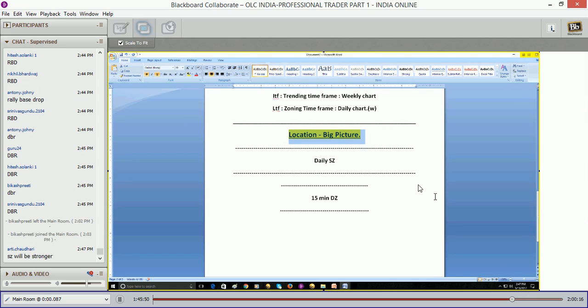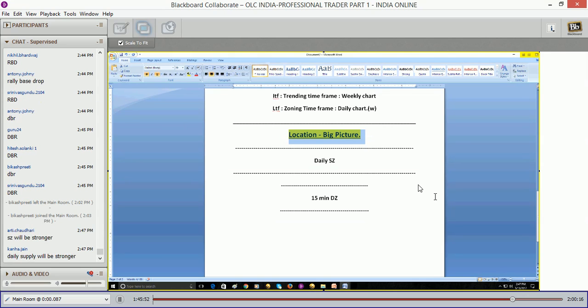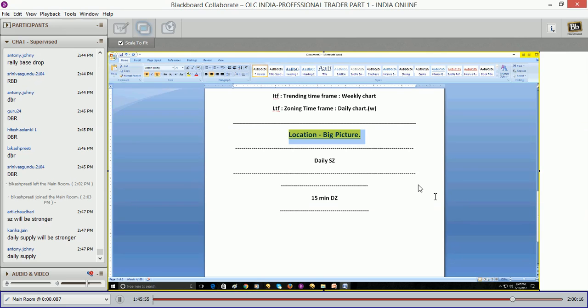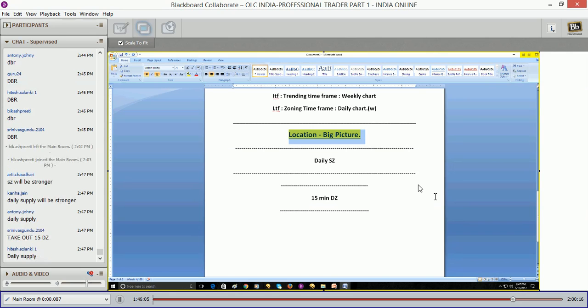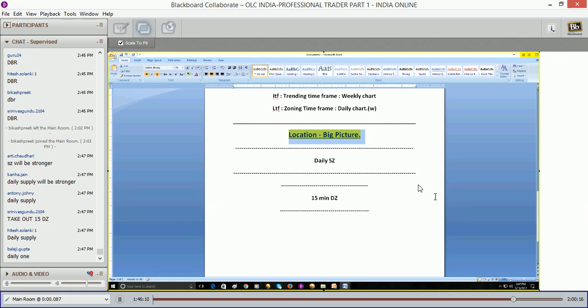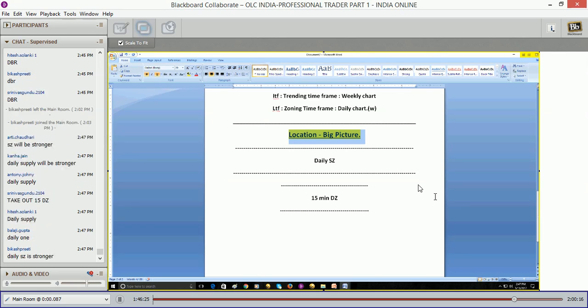I'll repeat the question for the benefit of everybody. Daily supply zone. But why do you all say that the daily supply zone will have stronger orders?